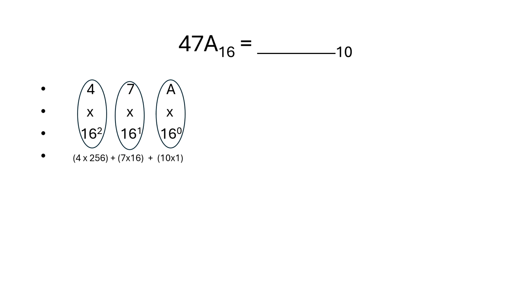So we'll add up those products together, and so we will have 1024 plus 112 plus 10. And adding those all up together, it is 1146 base 10, or 1146 just decimal.